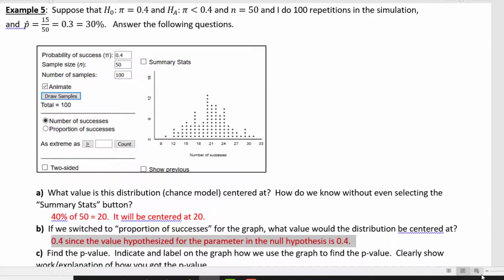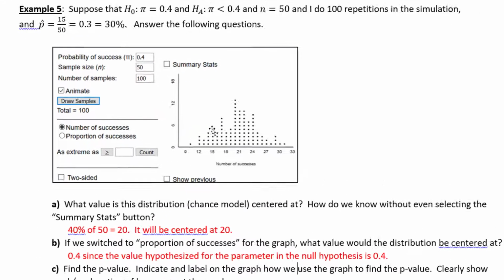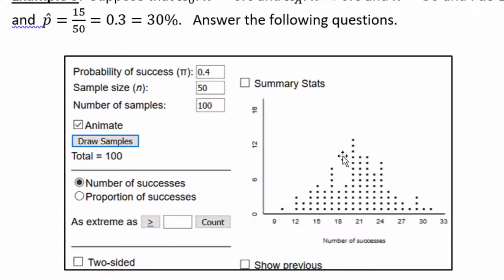Next, part C asks us to find the p-value. We can actually use this given distribution, this simulated null distribution, to find the p-value. Recall, if we assume the null hypothesis is true, then the p-value is the probability of getting a sample like ours or more extreme.